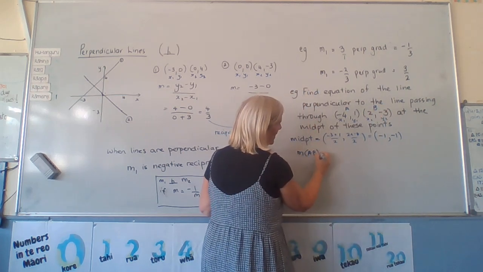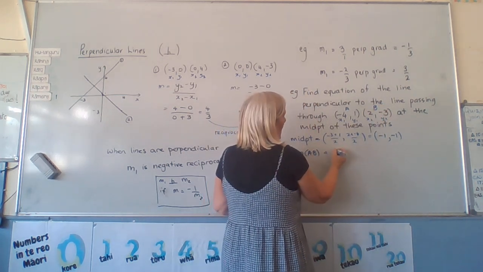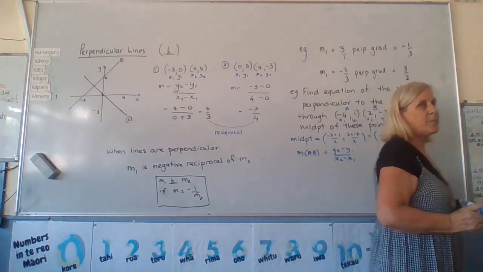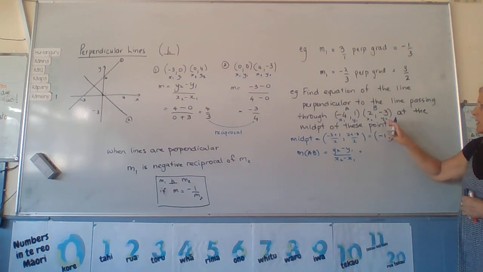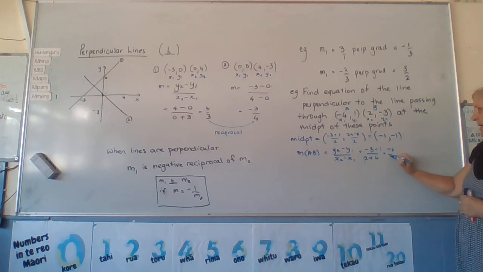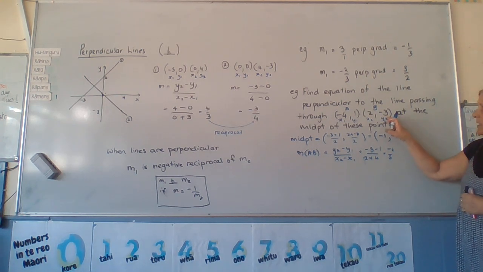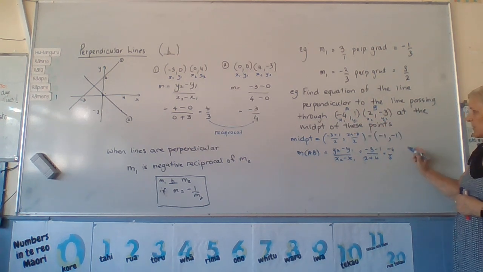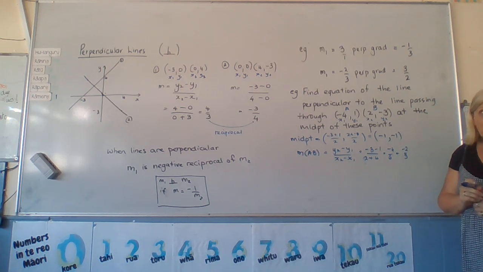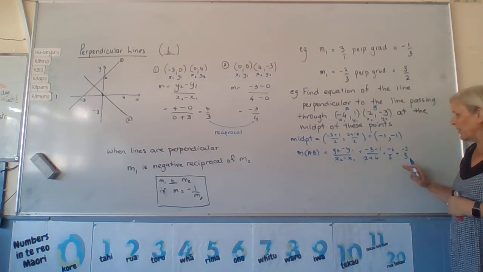So the gradient of AB equals y2 minus y1 over x2 minus x1 equals -3 minus 1 over -2 minus -4 equals -4 over 6. Double check. -3 minus 1, -4, -2 minus -4, 2. Right, good. Which I could simplify to -2 over 3, but I actually don't have to, but I should probably. It's a nicer way of writing it.